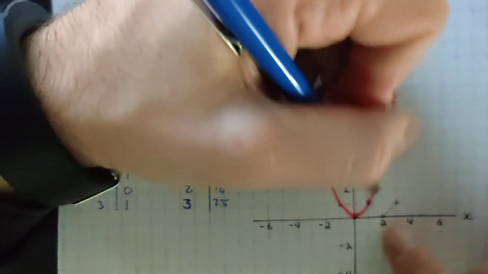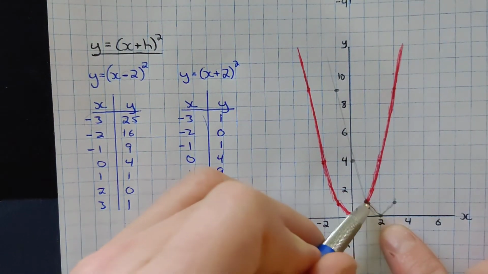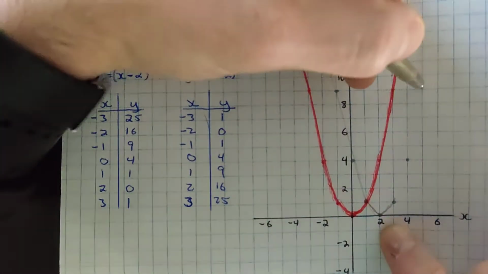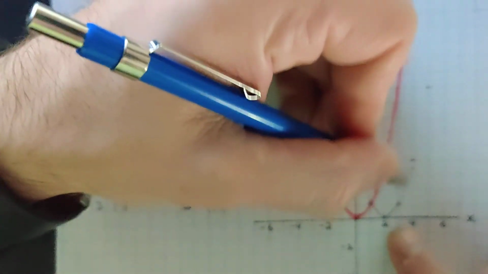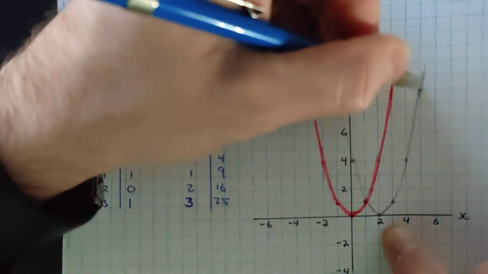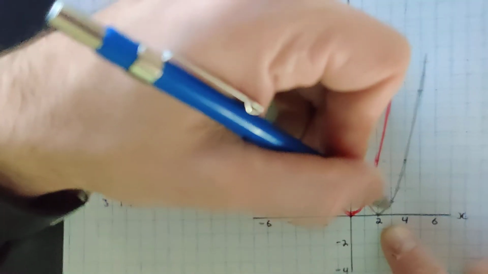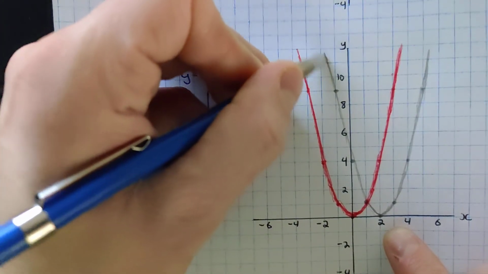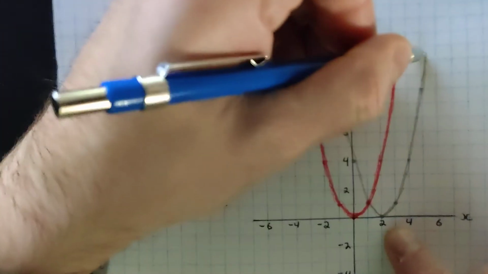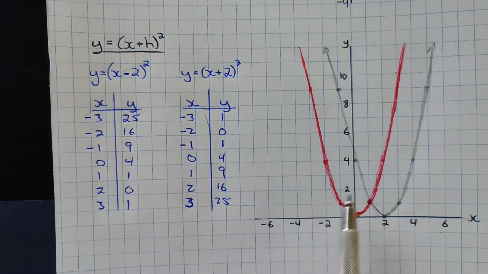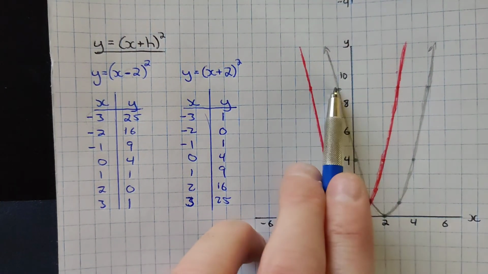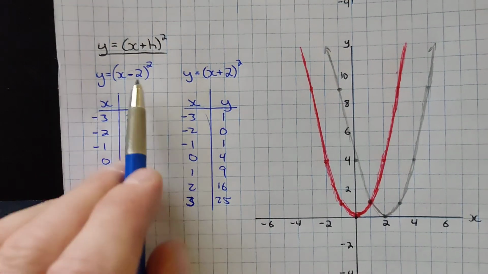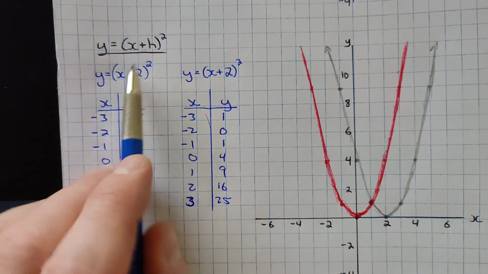I can tell you, because I've now found my vertex right here at 2, that this will be a mirror image over here. There's my parabola. Shifted over to the positive side by 2. Every point has shifted over by 2. So everything's shifting over by 2 when I'm subtracting 2.